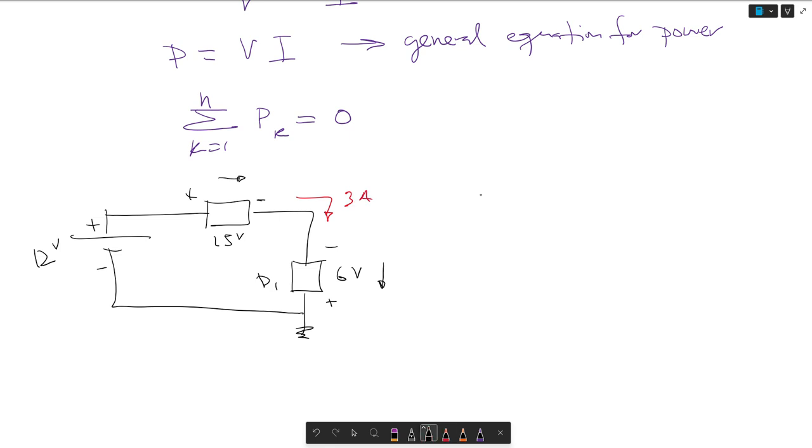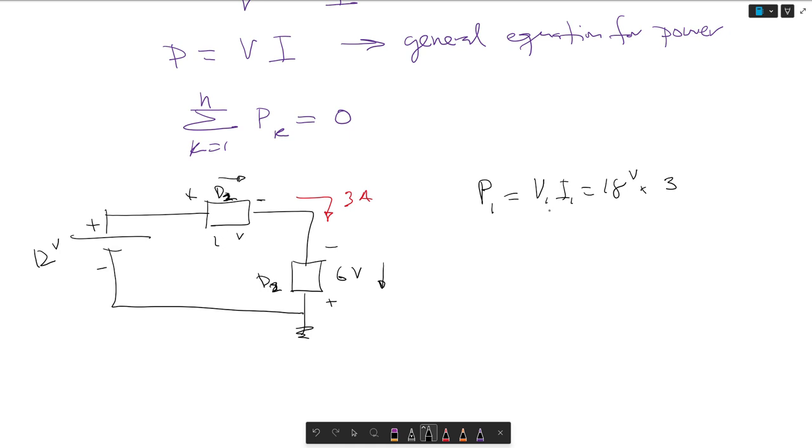We can say that the power at device 1 is V1I1, which is essentially 18 volts times 3. My apologies, this is device 1 and this is device 2.